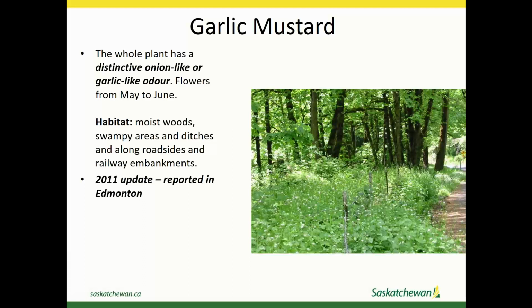As I said, it's got that kind of onion-like odor to it. It generally likes to grow in the shade under trees and in wet, swampy areas. So again, river valleys, sloughs, things like that are the most likely places to find it.